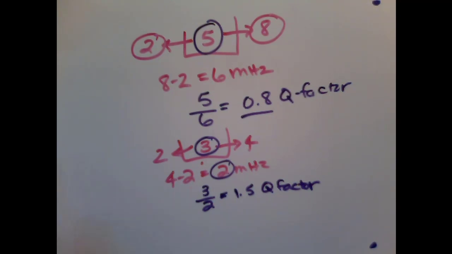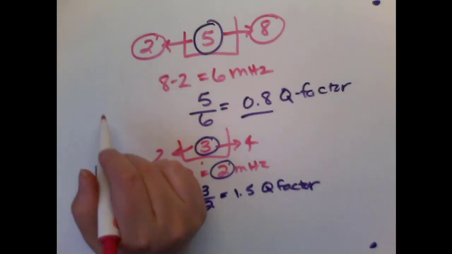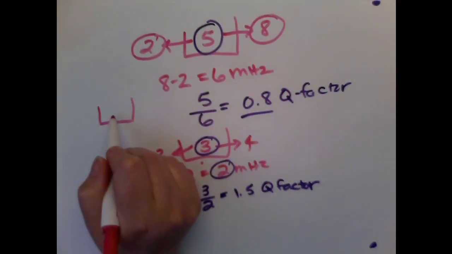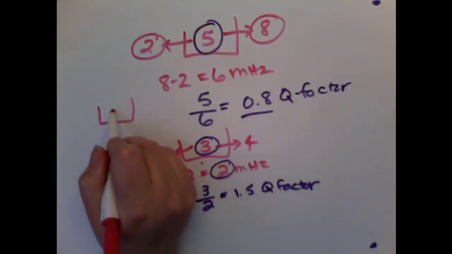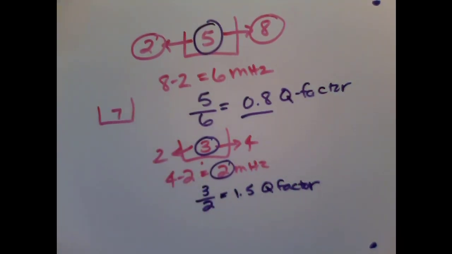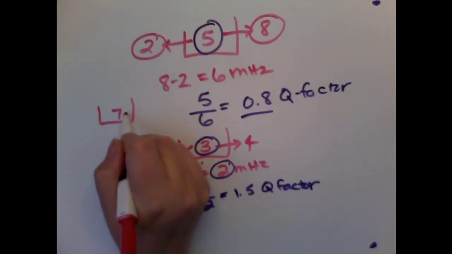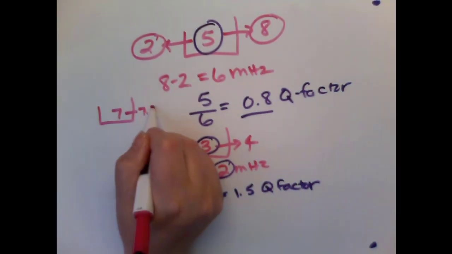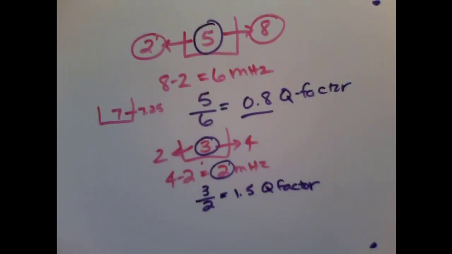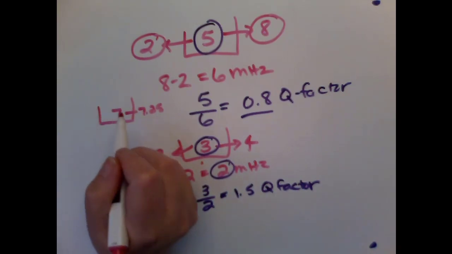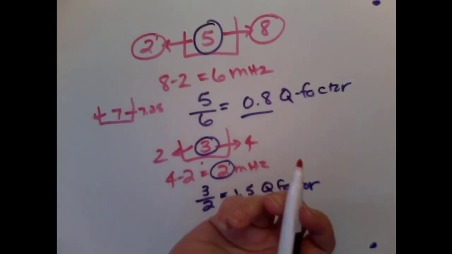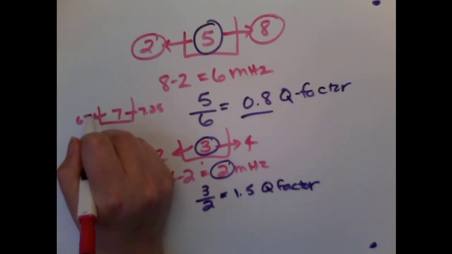Let's take a look at one more that's not on your sheet here. Let's say we have a continuous wave transducer that has a frequency listed as 7. It can emit up to maybe like a 7.25 megahertz, and maybe it can go down to maybe a 6.75 megahertz.